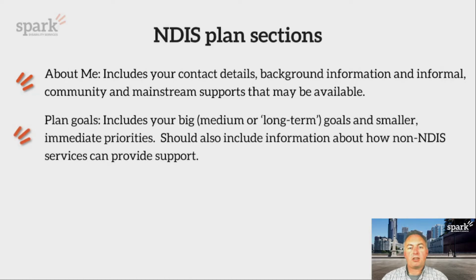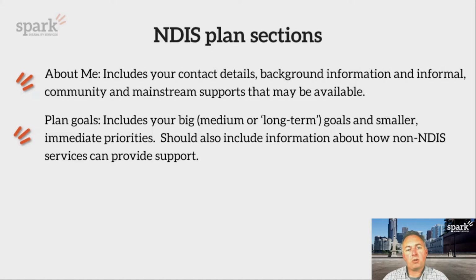The second section in the plan is the plan goals, what the person actually wants to achieve, not just during this plan, but also into the future. On an NDIS plan, plan goals come in 2 different kinds. Larger, longer-term goals that may take 1, 2, 3 plan periods, perhaps longer, before a person is in a position to really achieve that goal.